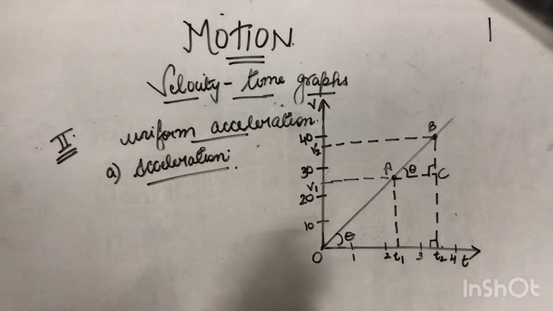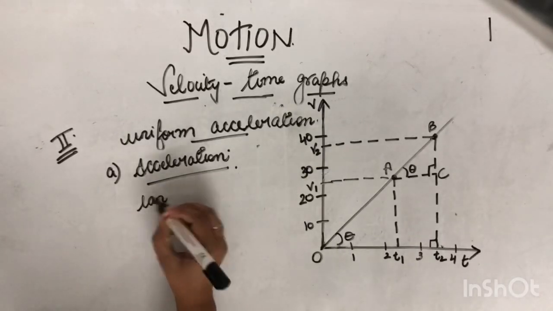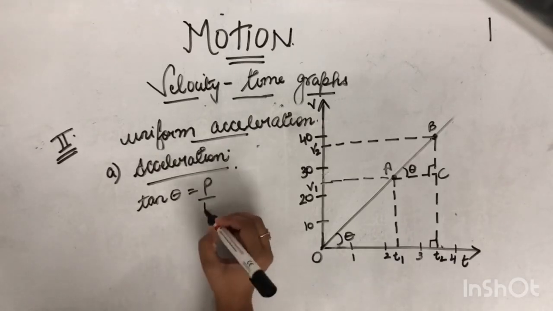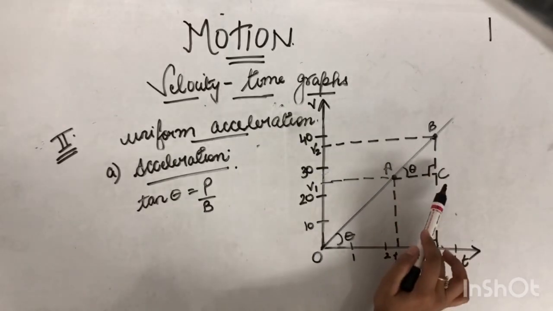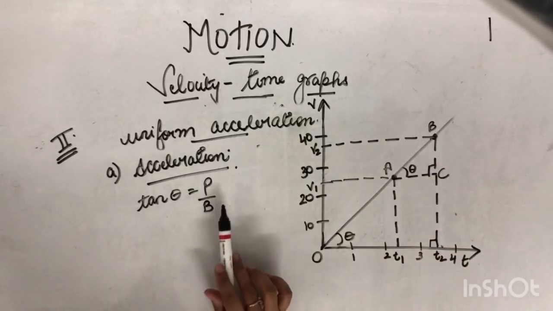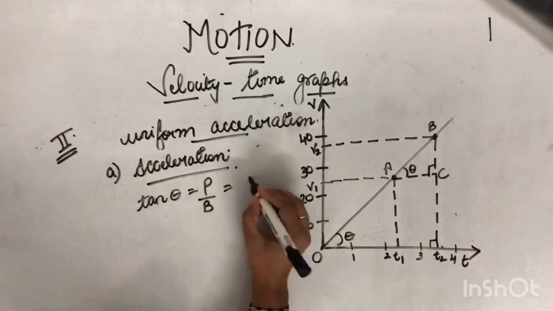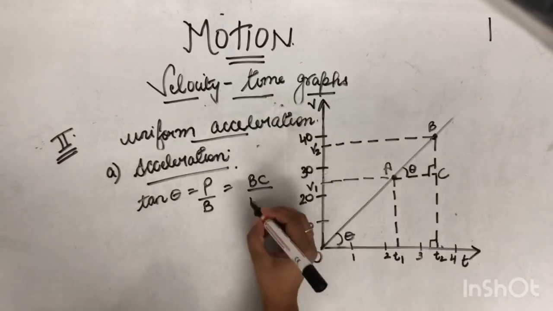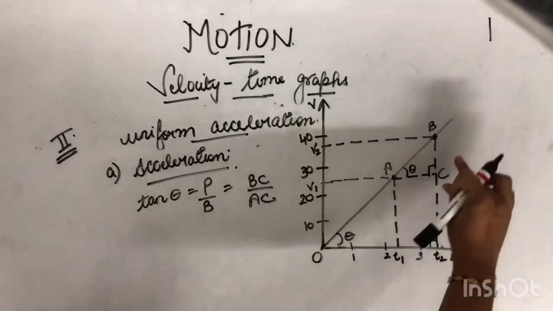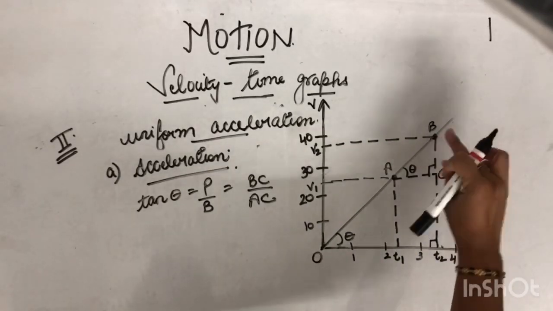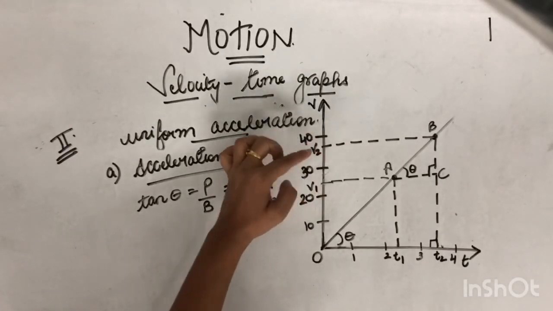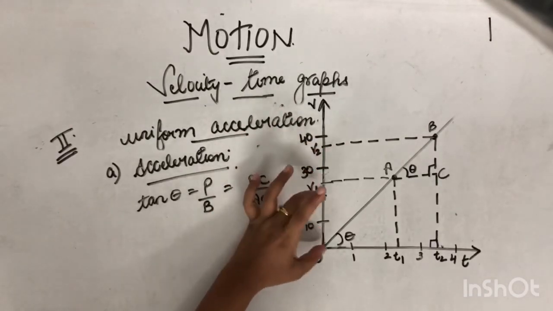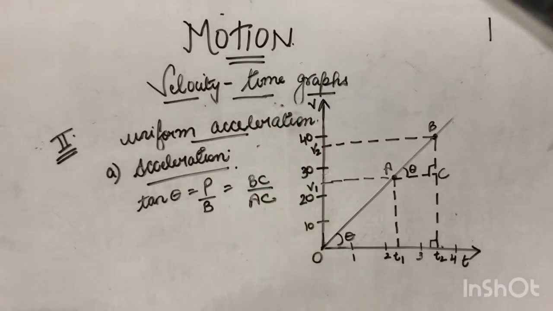Now I've told you that the slope of the graph is given by tan theta. Tan theta is equal to perpendicular upon base of a right angle triangle. We are talking about right angle triangle ABC. So in this triangle, perpendicular is BC and base is AC. Now BC can be written as V2 minus V1, because we need this portion. If we subtract V1 from the whole V2, we'll get V2 minus V1.